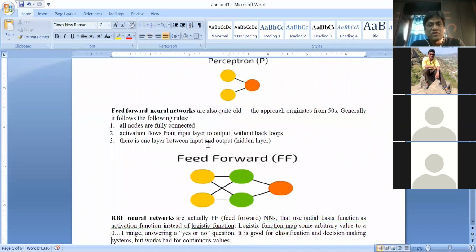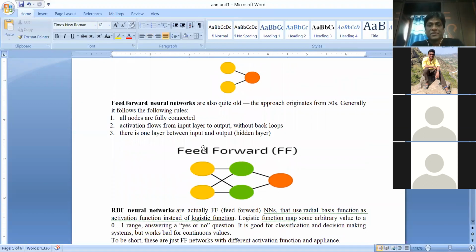So in feed-forward neural networks, that means multi-layer perceptrons, you will have a number of layers, and all the neurons are interconnected together. What you need to understand here is that most neural network architectures are fully connected. That means every neuron of a particular layer I is connected to every neuron of layer I plus 1.